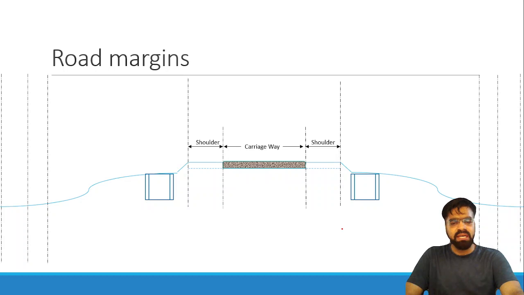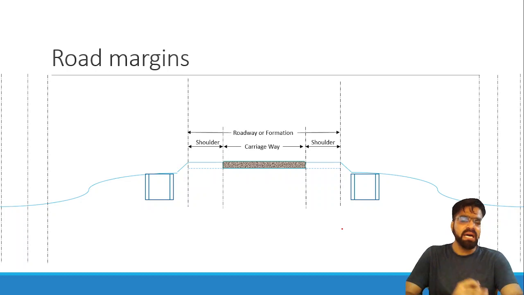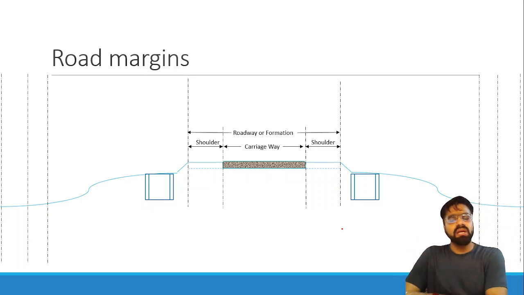We can take it as an emergency lane, but it is not actually an extra lane. Then the combined width of shoulder, carriageway, and again the shoulder, and if medians are also provided, the combined width of shoulder, carriageway, and median is known as roadway or width of formation.